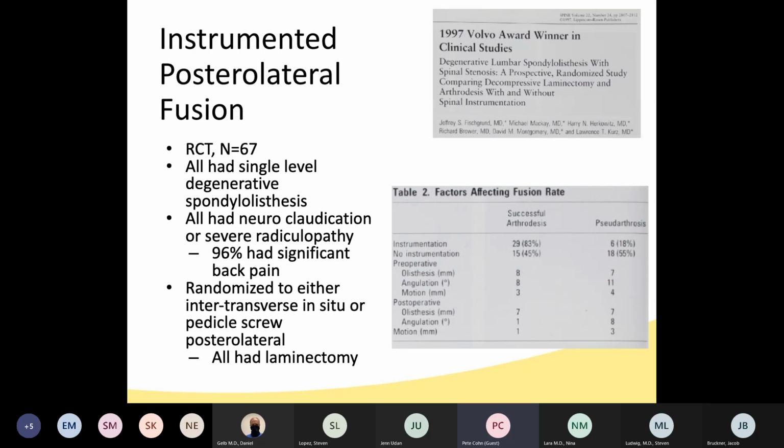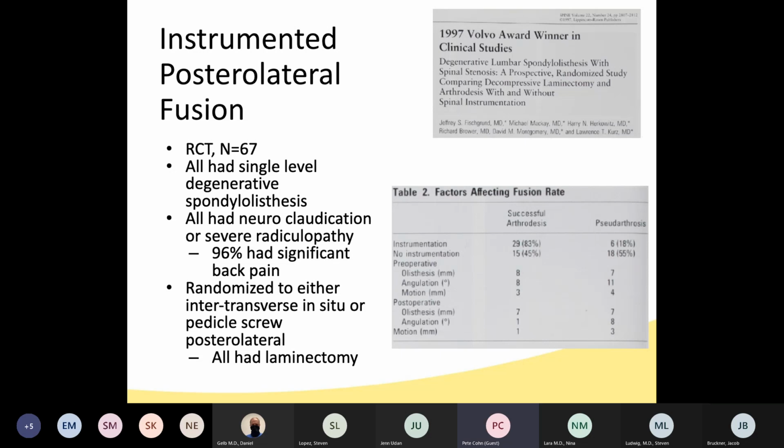So this was a Fischgrund paper, a randomized controlled trial in 1997. Again, single-level degenerative spondylolisthesis, and all the patients had neurogenic claudication or severe radiculopathy, and almost all of them had significant axial back pain.